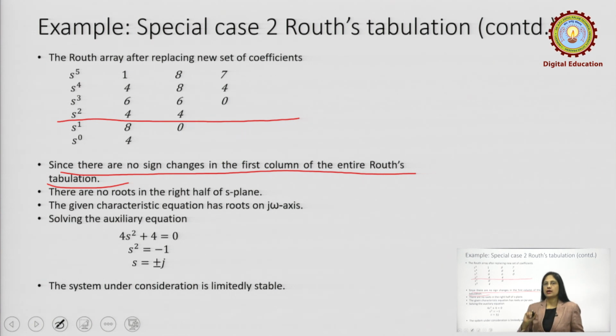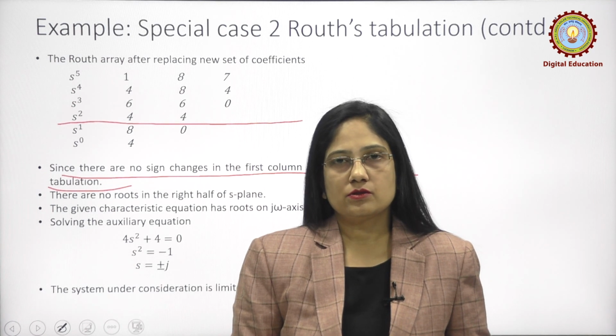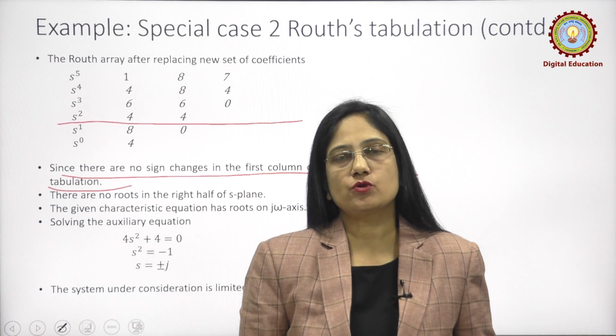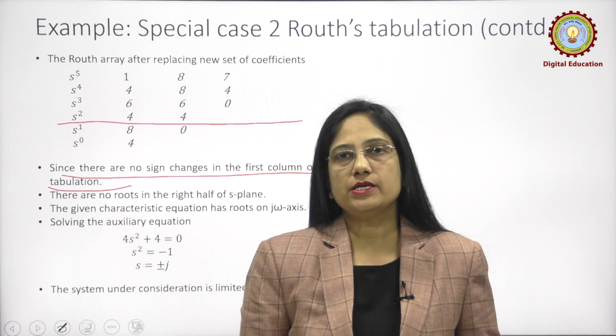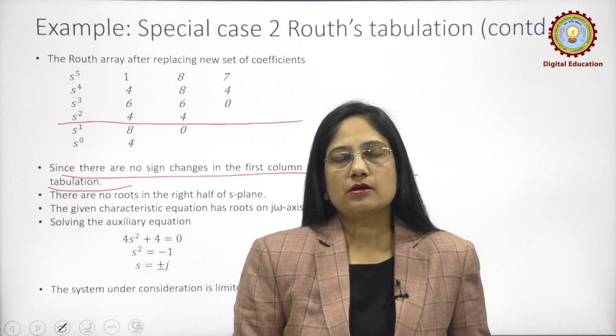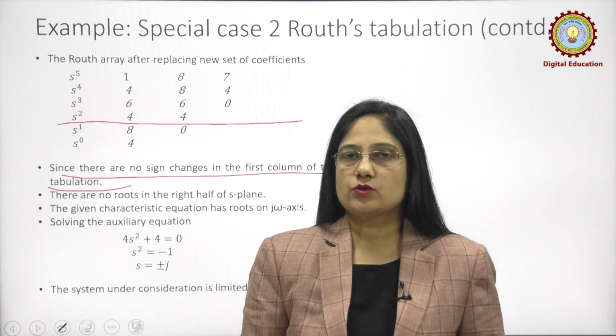This implies that there are no roots in the right half of the S plane. But if a 0 prematurely appears in the complete row, that is, all the coefficients are 0, that means that there are roots on the j omega axis. So, that is to be checked.